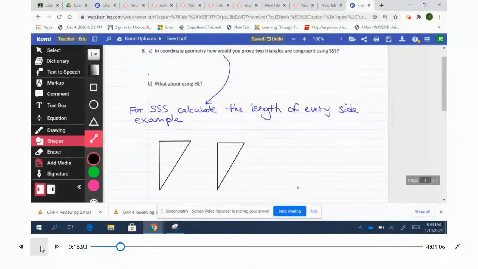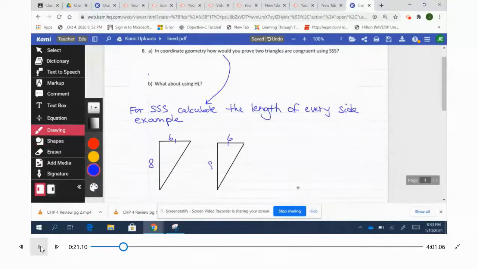So basically what you would do is, if we were to get triangles on a graph set up this way, you would count across 6, count up and down 8 on the first triangle, same thing on the second triangle. Now, so far you have 2 pairs of corresponding sides congruent.